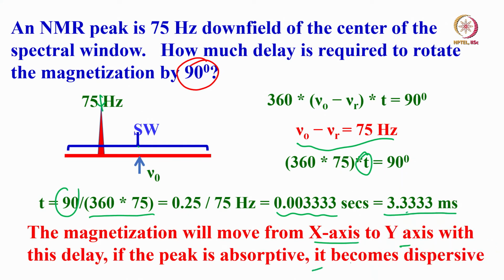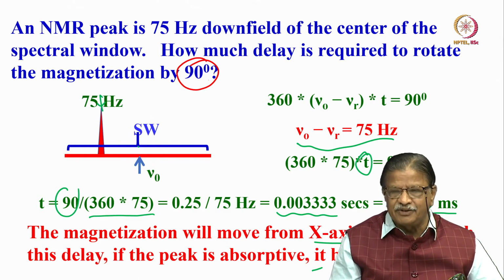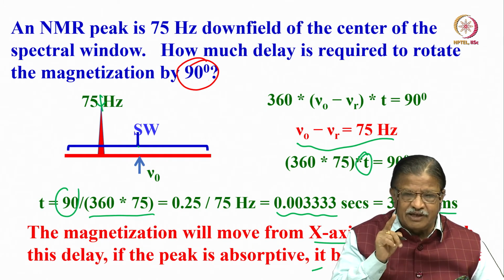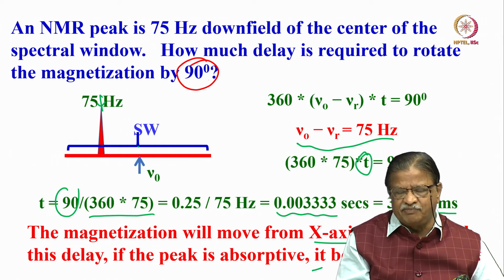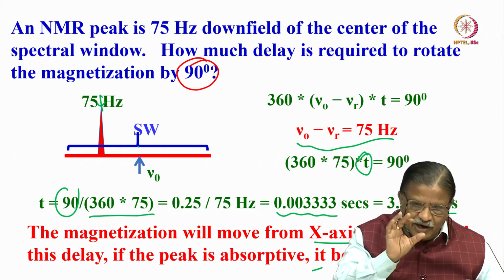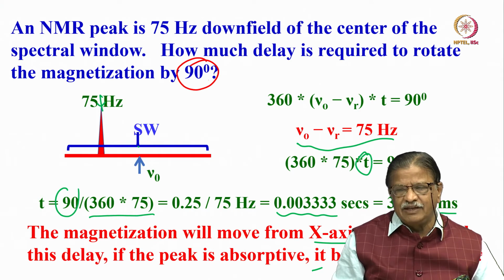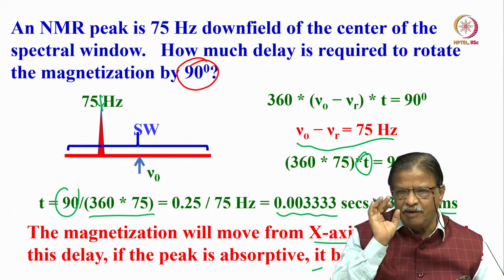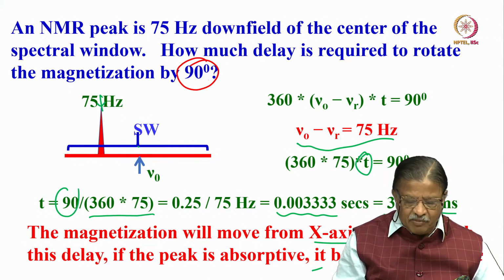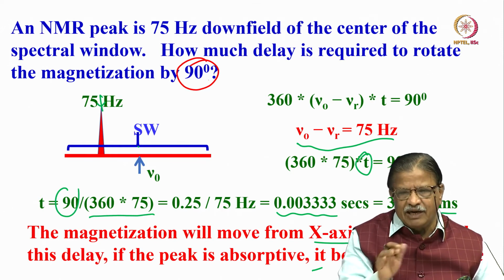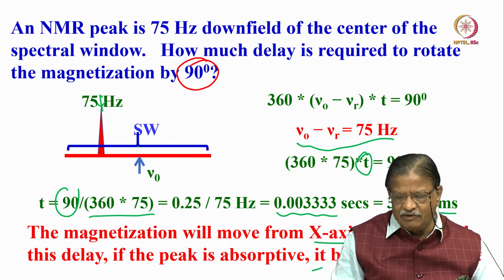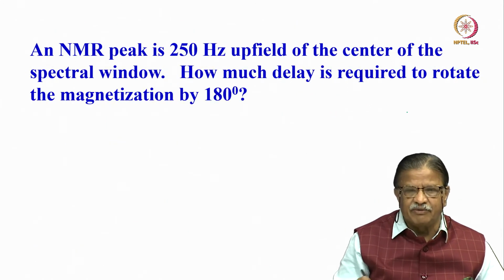If the peak is absorptive, it will become dispersive. Fantastic, right? I can make the magnetization become absorptive or dispersive just by allowing it to rotate for a period t after bringing it to the x axis or y axis. How much time I have to wait to see that the signal moves 90 degrees or 180 degrees, I can calculate by this equation.